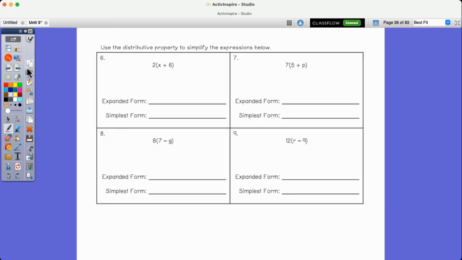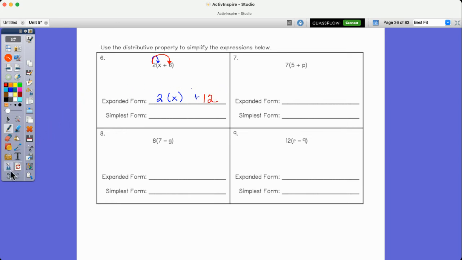We're going to use the distributive property to simplify these, and we're going to write them in expanded form and then simplest form. So I'm going to multiply this way, and I get 2 times x plus, and I'm going to multiply like this. 2 times 6 is 12.